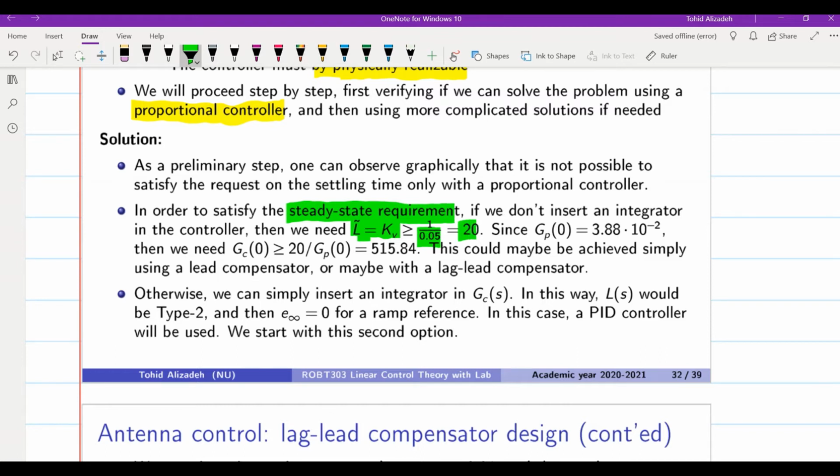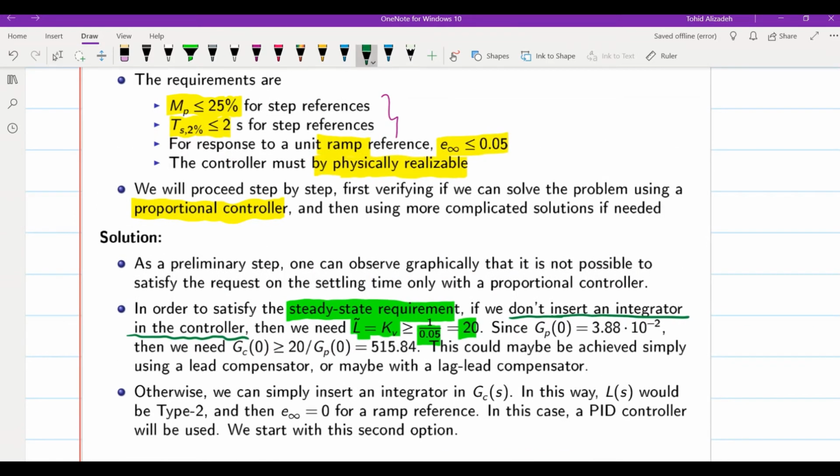And this will be the case when we don't increase the type of the system, if we don't insert an integrator in the controller. If we don't use the integrator, we will have a type 1 system. For type 1 system, KV will be equal to limit of s times L of s as s goes towards 0.